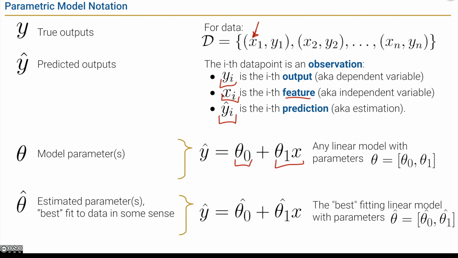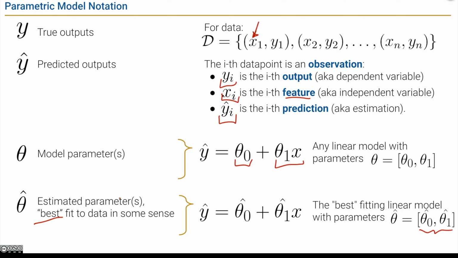And then we're going to have the estimated parameters. Once I use data to come up with my best slope and intercept based on some criteria, so we have to define best, then I'm going to get actual values for these. I'll put hats on them because they're estimates based on my data sample.